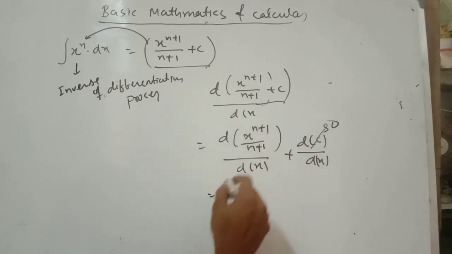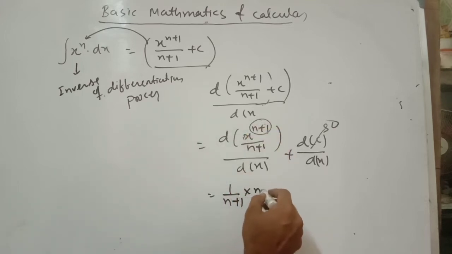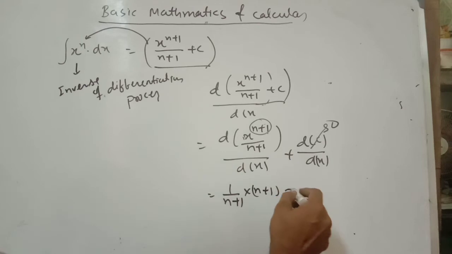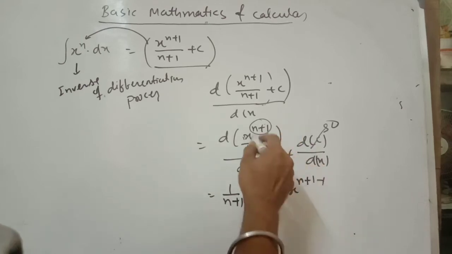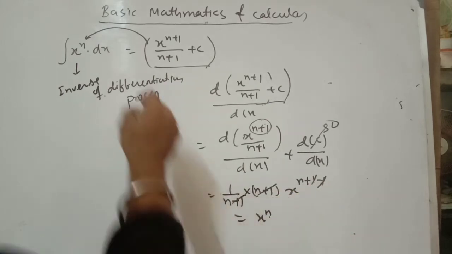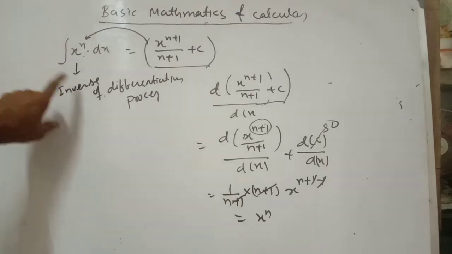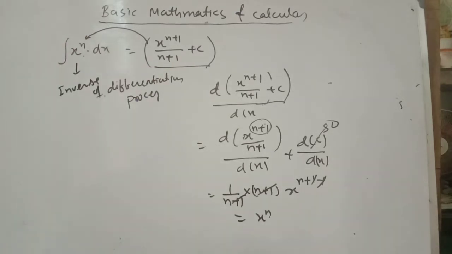For the other term, 1 by n plus 1 is a constant, so it comes out. The power multiplies in and the power is decreased by 1. When you find the differentiation, the factors cancel and it becomes x to the power n. So as I already told you, integration is the inverse of the differentiation process.